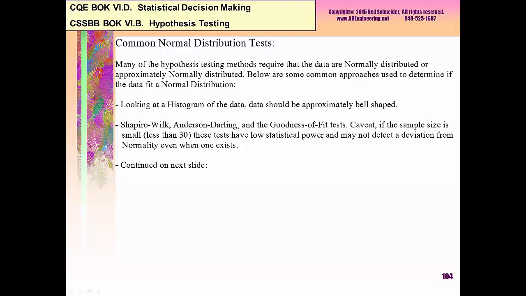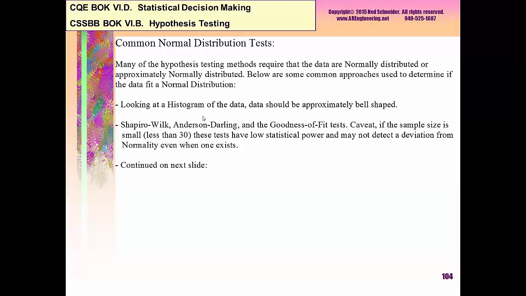Many of the hypothesis testing methods we're going to discuss require that the data are normally distributed or approximately normally distributed. Let's take a look at some common approaches that statistical practitioners use to determine if the data are reasonably normal. One approach is to plot the data on a frequency plot, like a histogram, and see if the data have a bell-shaped curve.